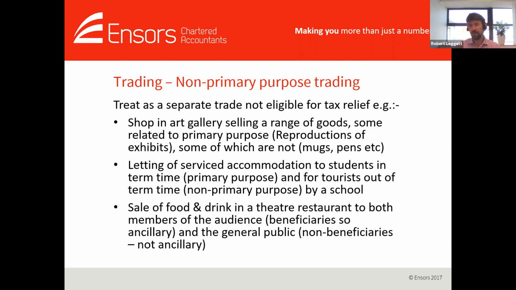Going back to our theatre, bar and restaurant, if that is open to the general public, so I can walk in without a ticket, then the element of sales to the general public will be non-primary purpose trading, therefore potentially taxable.